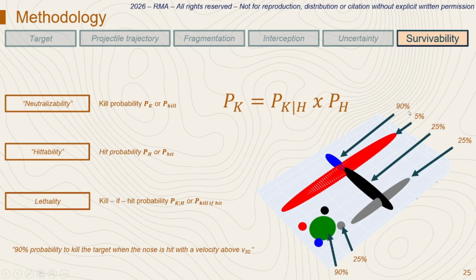And the way you should read these values, for example, for the nose here, is that there's a 90% probability to kill the target as a whole when the nose is hit with a velocity above the characterized V50 value.